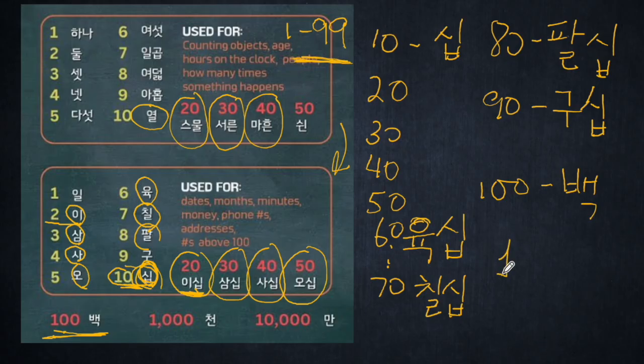Right now in Korea, one can be 하나 or 일. But from 100, it's only this system we're using. So 100 is 100, 1000 is 1000, 10,000 is 만. Okay, I'm not expecting you to memorize it right now, but eventually you will.